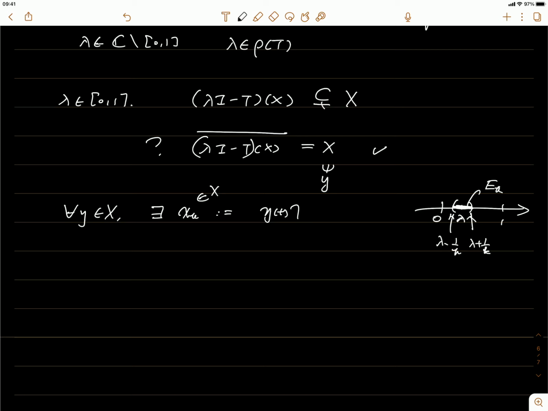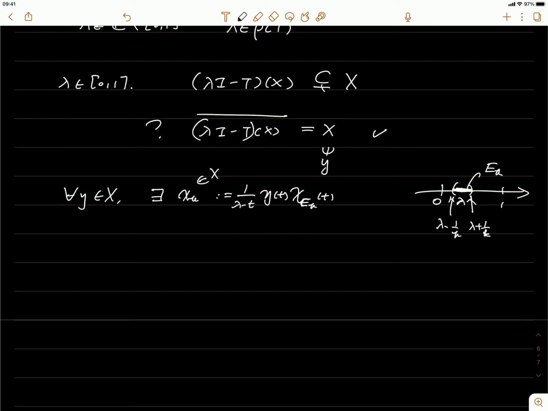Okay, so let's define the xk to be yt times the characteristic function of ek complement of t, and also I'm going to divide this by lambda minus t. Okay, just by defining my lambda xt in this way. Why I'm doing this is because right now I'm going to take the value at point lambda, and this ek is this interval, so it will be 0 in that interval. So I should say complement of that.